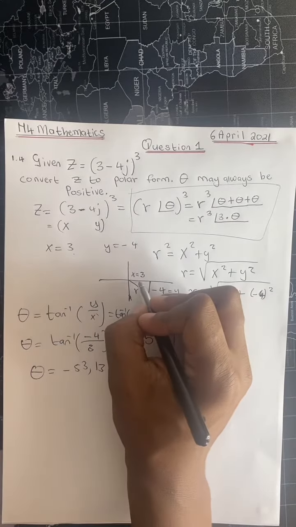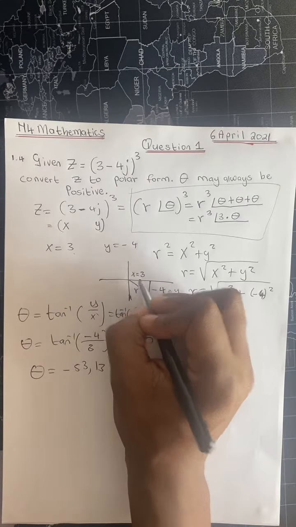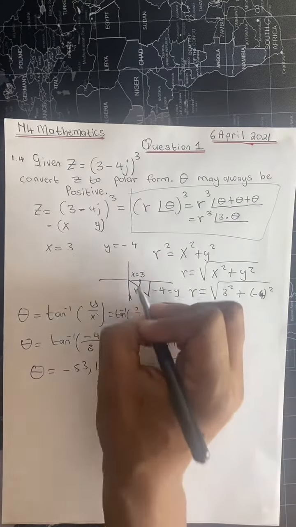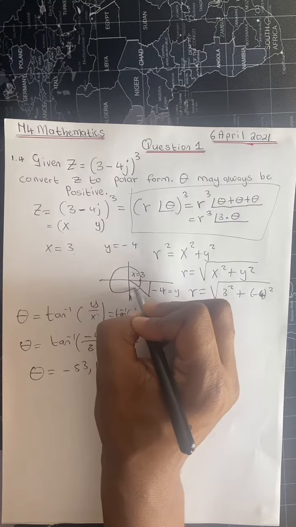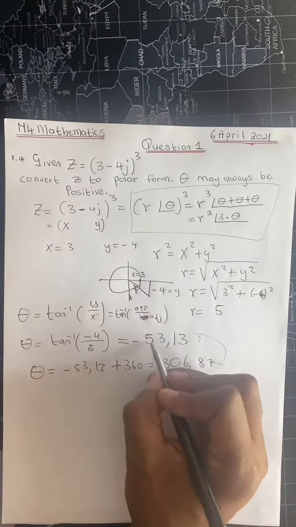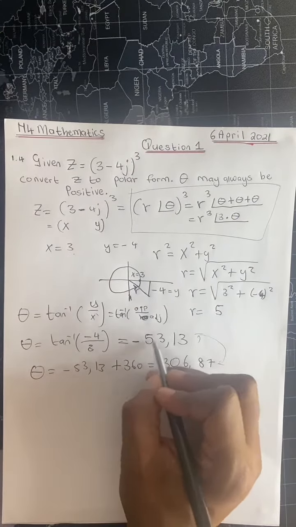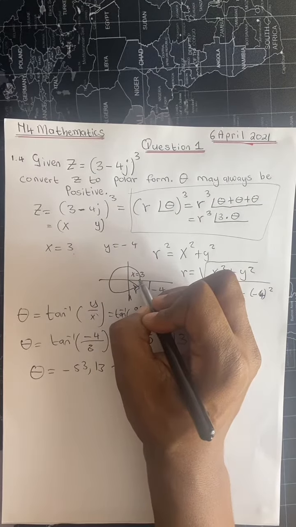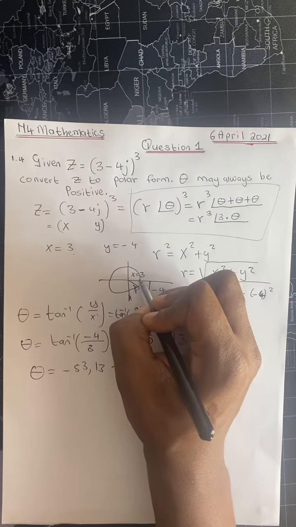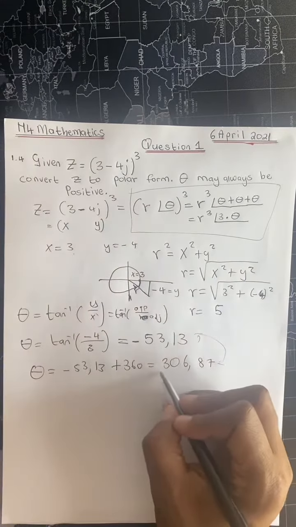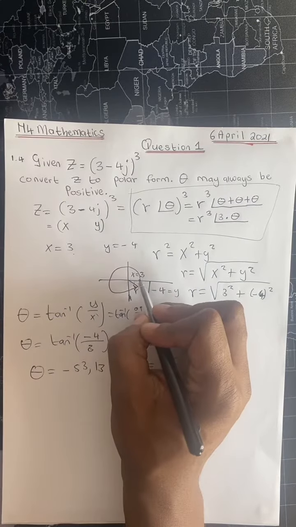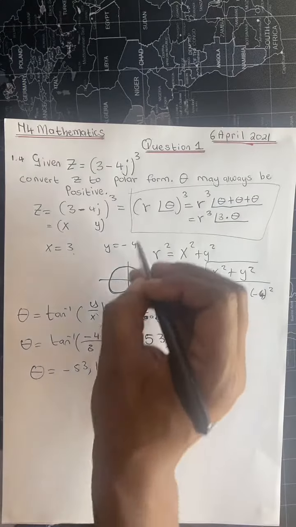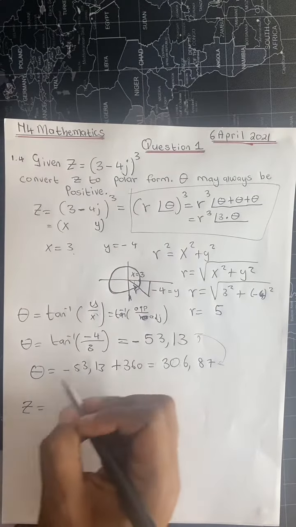The negative 53,13 is from here to here, and the 306,87 is from there to there. The negative in front of the 53,13 indicates the direction it is going, clockwise, and this positive still represents this angle, but it is going anti-clockwise.